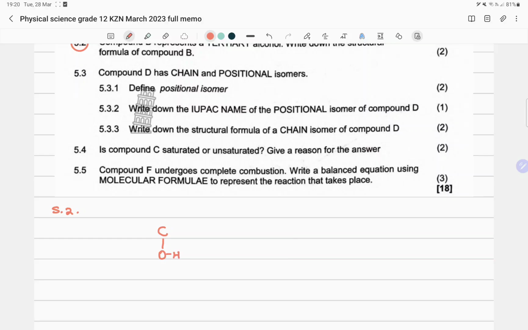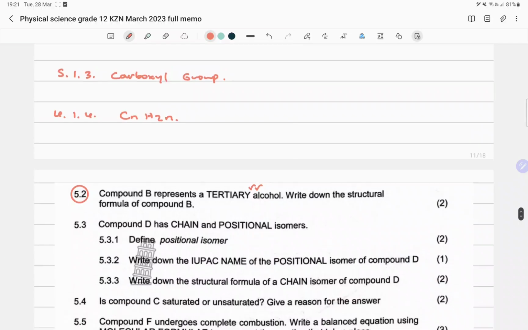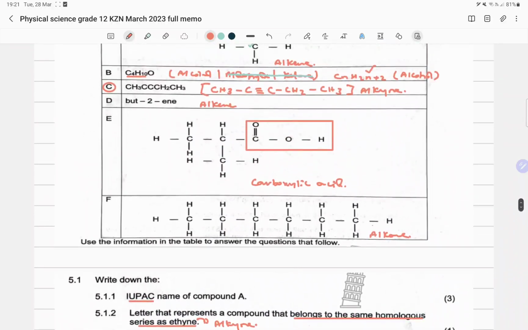If you like, you can make it straight, it's up to you. But this carbon is bonded to 3 other carbons. For a tertiary, it has to be a tertiary carbon. So there's a carbon there, and a carbon here, and a carbon here. So how many carbons is this anyway?